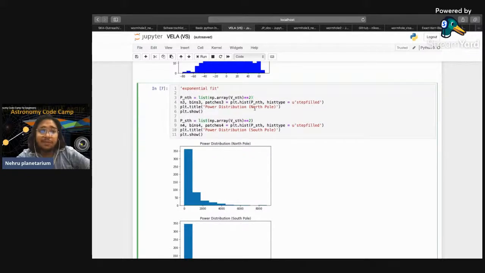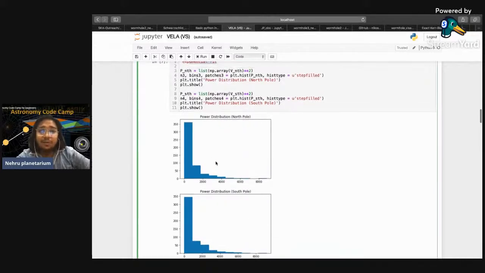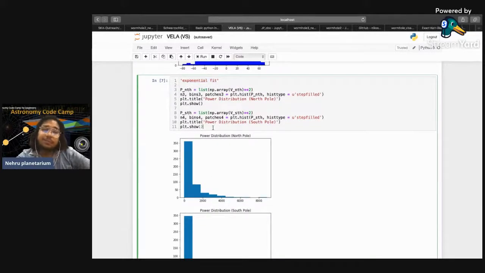Similarly we did this for the South Pole and for the North Pole, and now we are trying to see how it follows. It actually follows an exponential function. If you study more, you'll understand that it no longer follows this Gaussian fit when you square it.